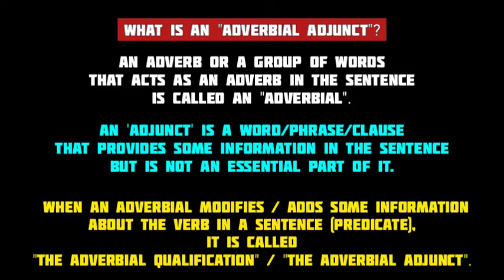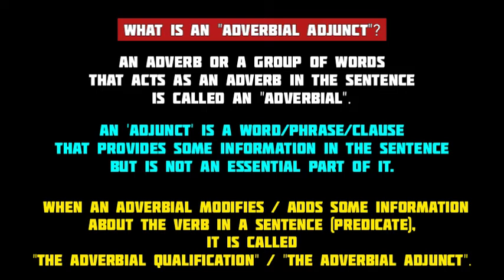You also know that a sentence has two parts, the subject and the predicate, and that the predicate must have at least one finite verb in it. And now, when an adverbial, as defined earlier, modifies or qualifies the verb in a sentence, or rather in the predicate of a sentence, it is called the adverbial qualification or the adverbial adjunct to the predicate.